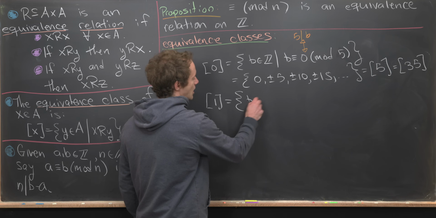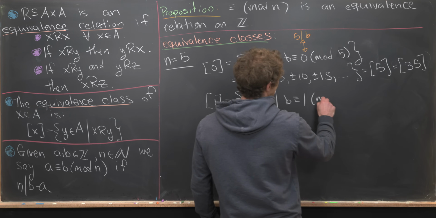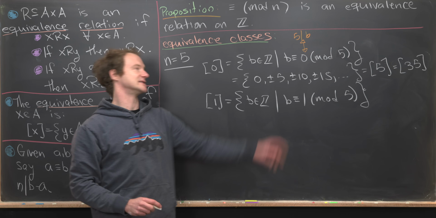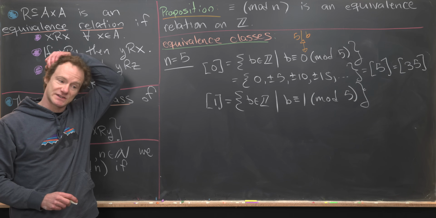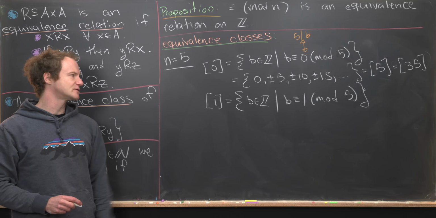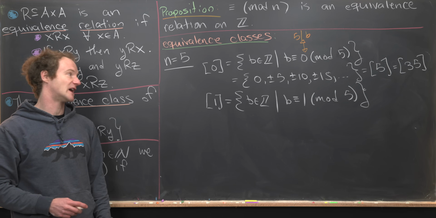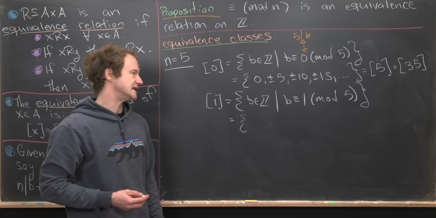So that's going to be all integers b, such that b is congruent to 1 modulo 5. Now we could play the game again where we write that as its definition. So in this case, 5 will divide b minus 1. But another really nice way to think about this is that b will have a remainder of 1 when divided by 5. So thinking of it like that, we can make a list pretty easily.